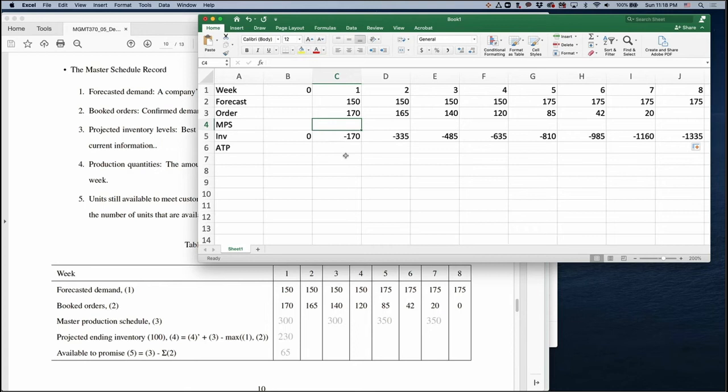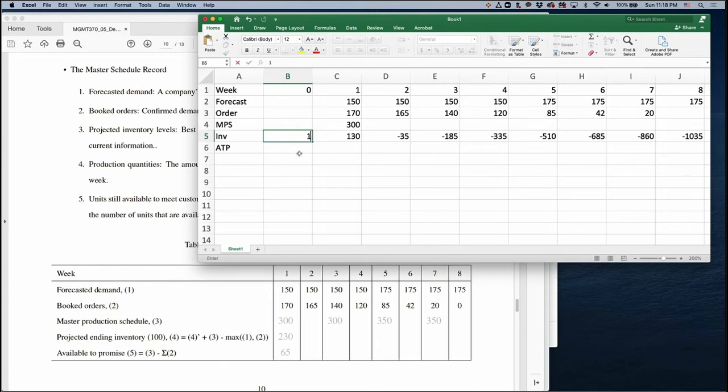For the first 4 periods, we want to cover at least 2 weeks. Then here we can produce 300. Sorry, for this example, our projected inventory is 100.